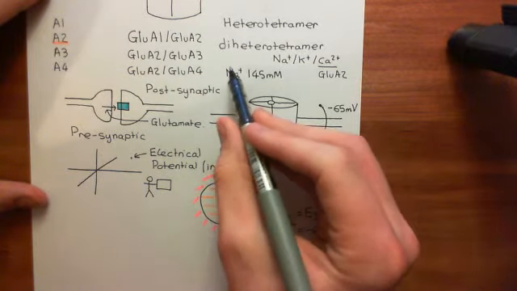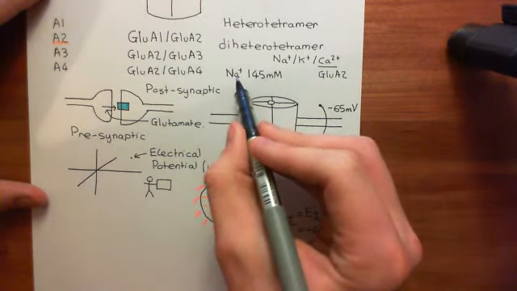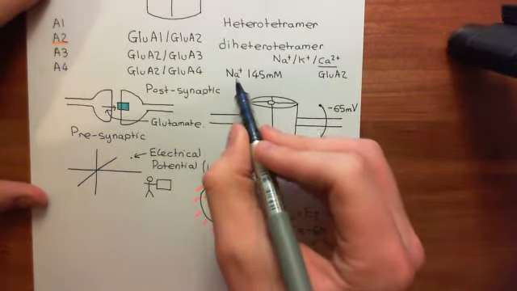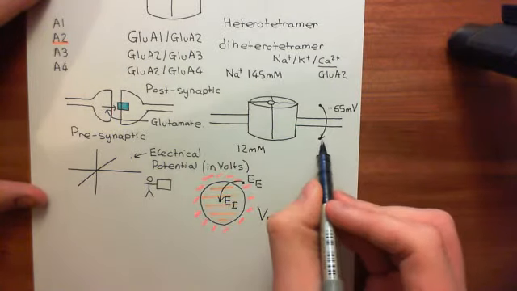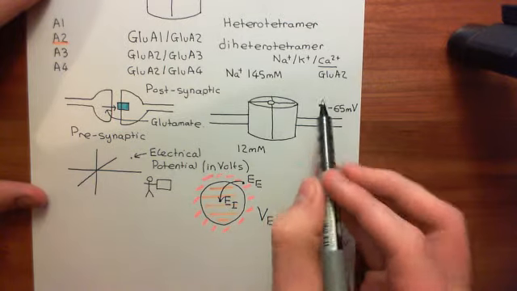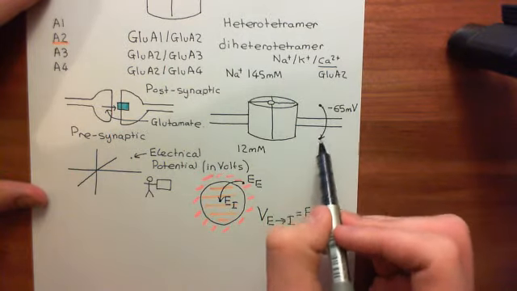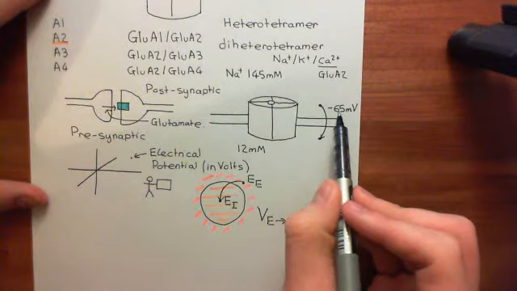Positively charged particles want to be where the electrical potential is lower. Now, currently, the electrical potential is lower in the cytoplasm rather than in the extracellular fluid. It's lower by a whole 65 millivolts.